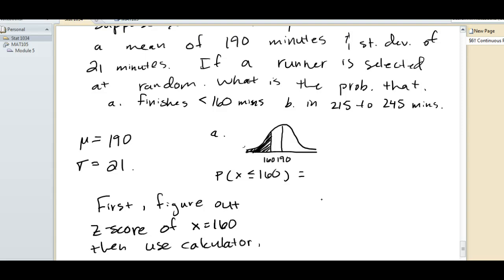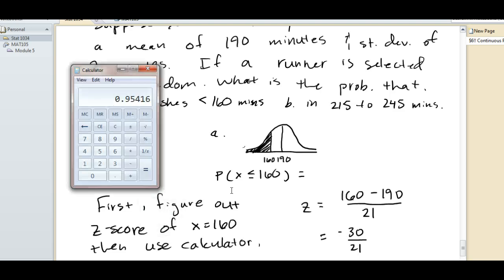Okay, so our z-score, we do 160. Yeah, because we do x minus mu over sigma. So then we take away the mean, 160 minus 190, over the standard deviation 21. So this will be a negative z-score, which makes sense because it's left of the mean, negative 30 over 21. So let's type that into the calculator, see if we get something to plug in.